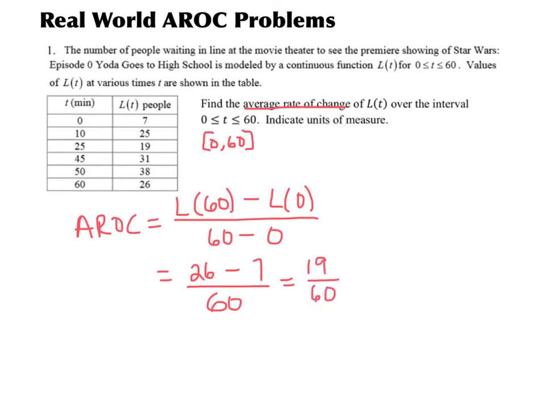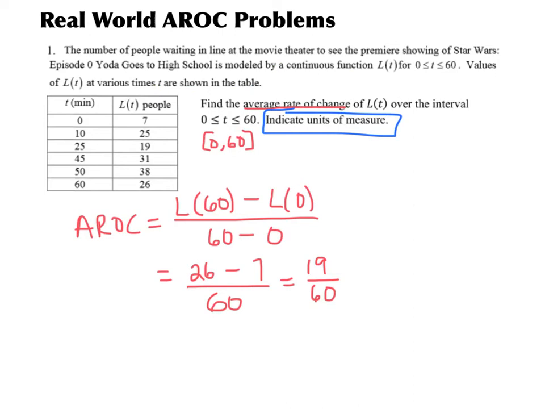So there's our slope. Now, the second part of this oftentimes tells you, indicates units of measure. So on the AP, getting the answer 19 over 60 is part of your answer, but indicating the correct unit of measure is the other part. Remember, rate of change is our slope. Okay, so when we talk about rate of change, we need what is changing over what unit of measure. So in this case, the two things that are being compared are people and minutes.